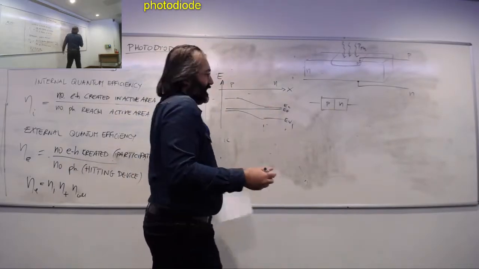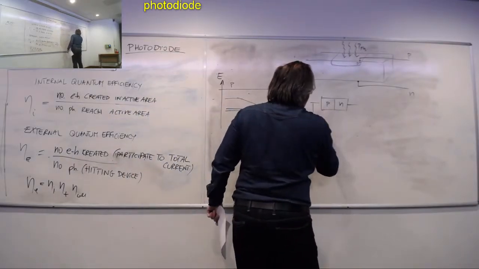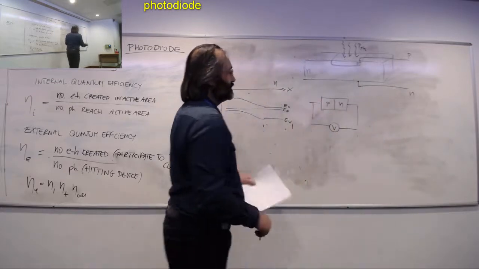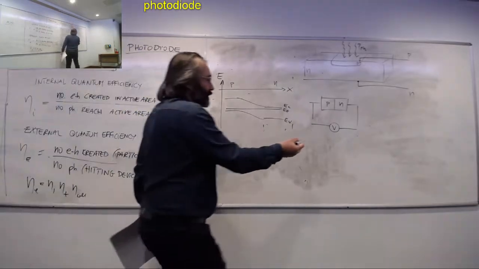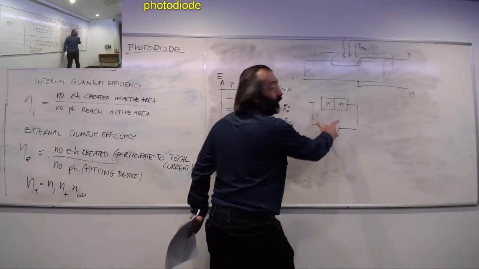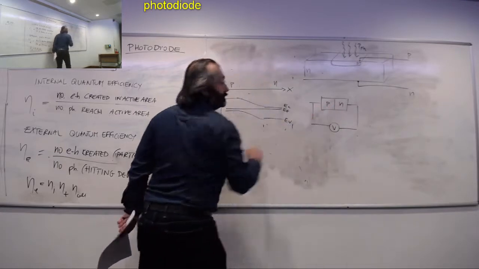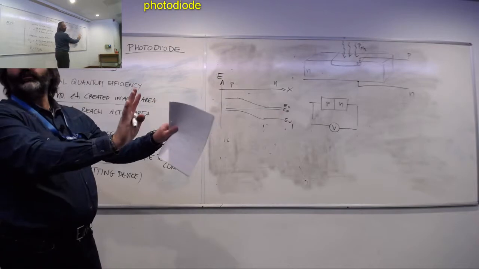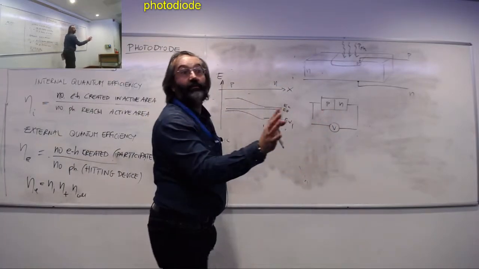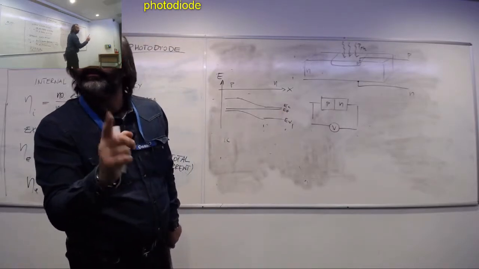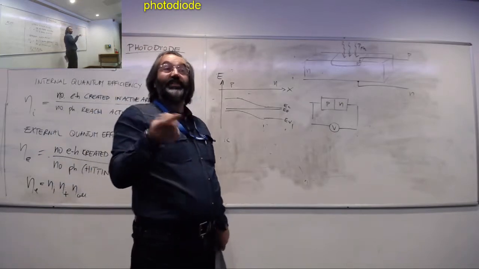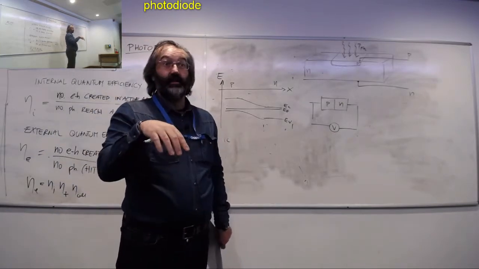So this means that if I attached a voltmeter to these two ends of my p-n junction in thermodynamic equilibrium, how much would I measure? Zero. The built-in voltage is not accessible outside, it's internal, remember.